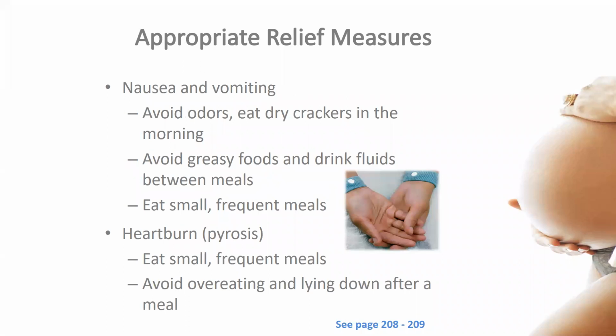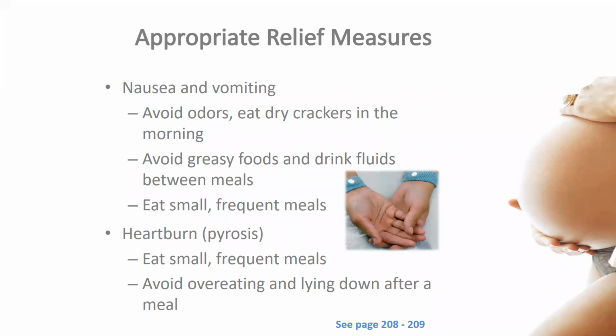Relief measures for nausea and vomiting: avoid odors, eat dry crackers in the morning before they get up out of bed, avoid greasy foods, and drink plenty of fluids between meals, small frequent meals again rather than the large meals. About 80% of pregnant women have nausea and vomiting in early pregnancy.